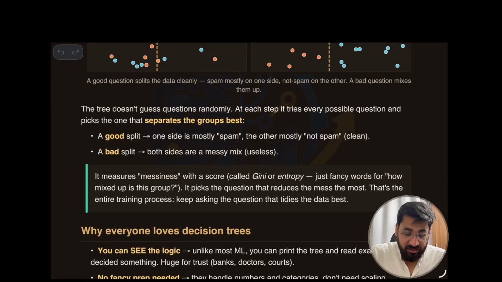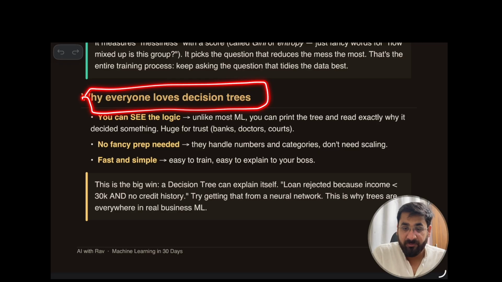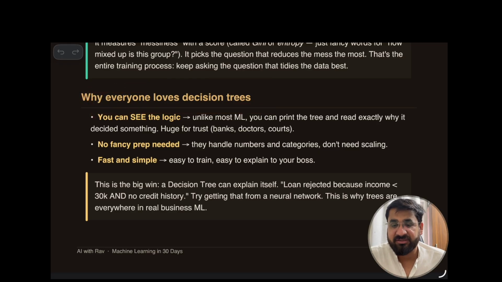Got the point? Now, why does everyone love decision trees? We will cover what Gini is and how it is measured with another example. The other concept you need to know, an advantage and disadvantage, is that everyone loves this decision tree because you can see the logic.